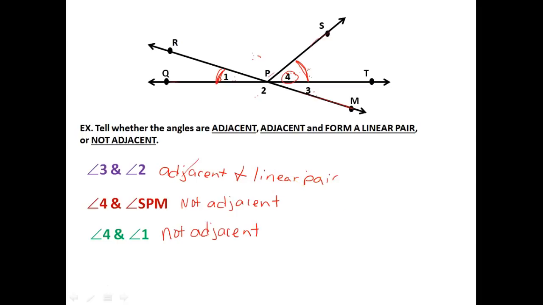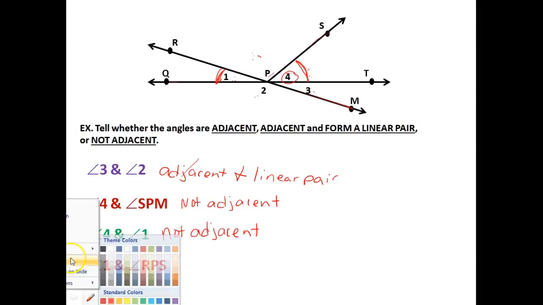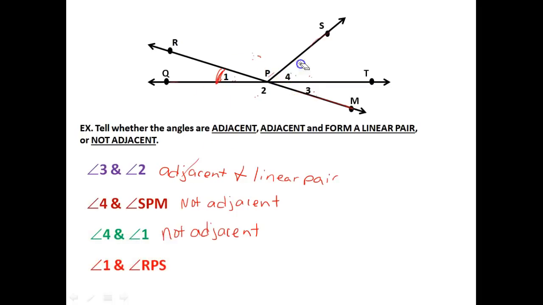All right, and last, you have angle 1 and angle RPS. We already have angle 1 highlighted. All right, so angle R, and don't forget to follow. You go from R to P to S. So they're talking about this angle.